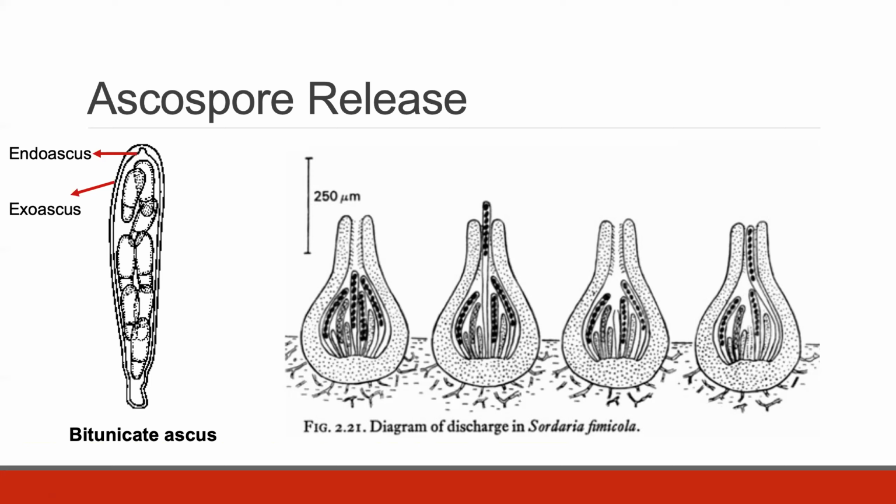At maturity, both layers of the ascus rupture at the tip, and the endoascus takes up water and extends out of the pseudothecium, resulting in the release of spores. The release of spores can occur over the entire primary infection cycle, from bud break to petal drop.